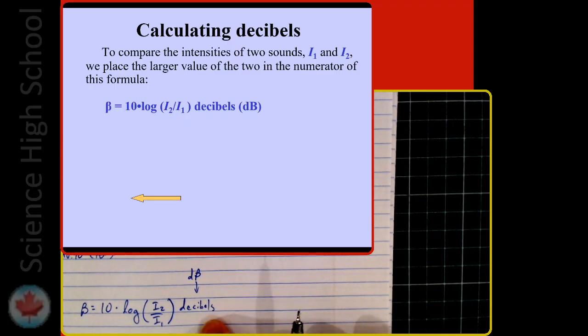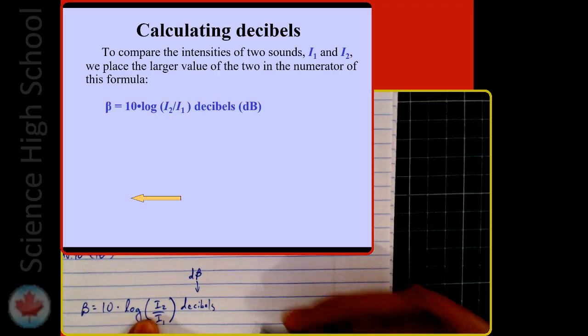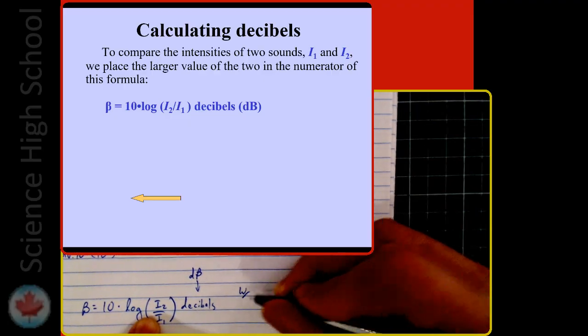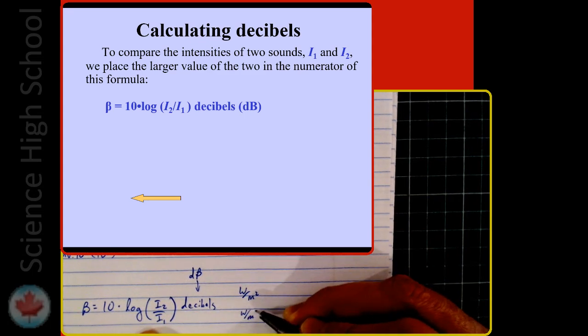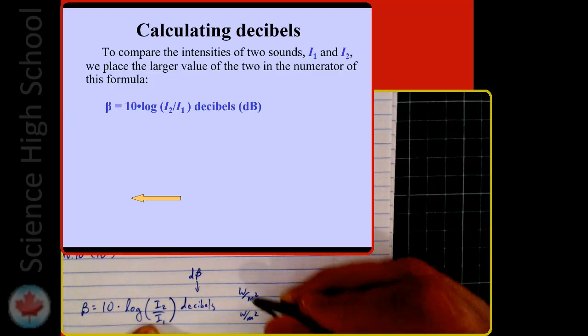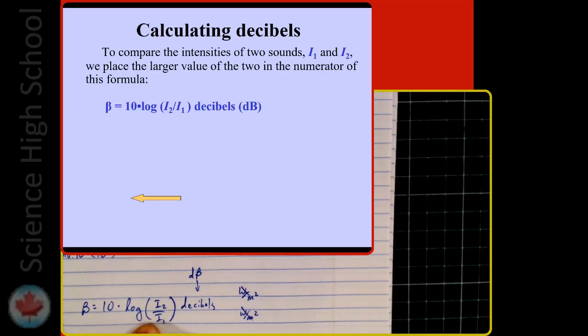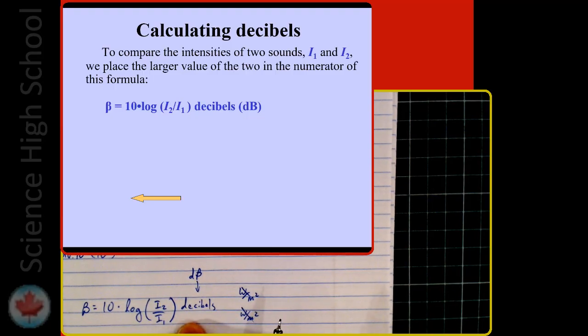Now really, decibels aren't a proper unit. They're actually just sort of a placeholder to let you know that you compared two intensities. Because if I go back and look at this formula, remember intensity 2 has units of watts per meter squared, and intensity 1 also has units of watts per meter squared, and those two are going to cancel each other out. So really and truly, there's no other place to get a unit from.